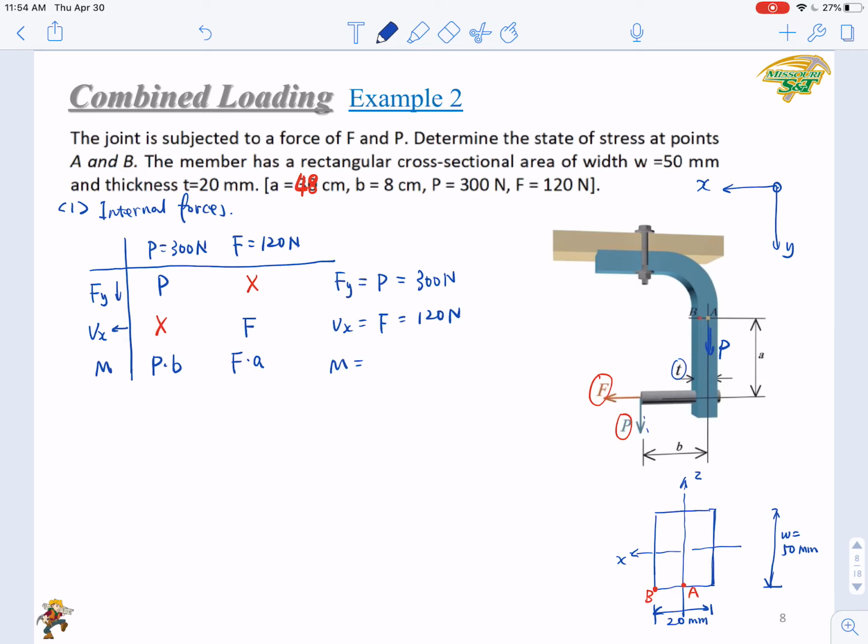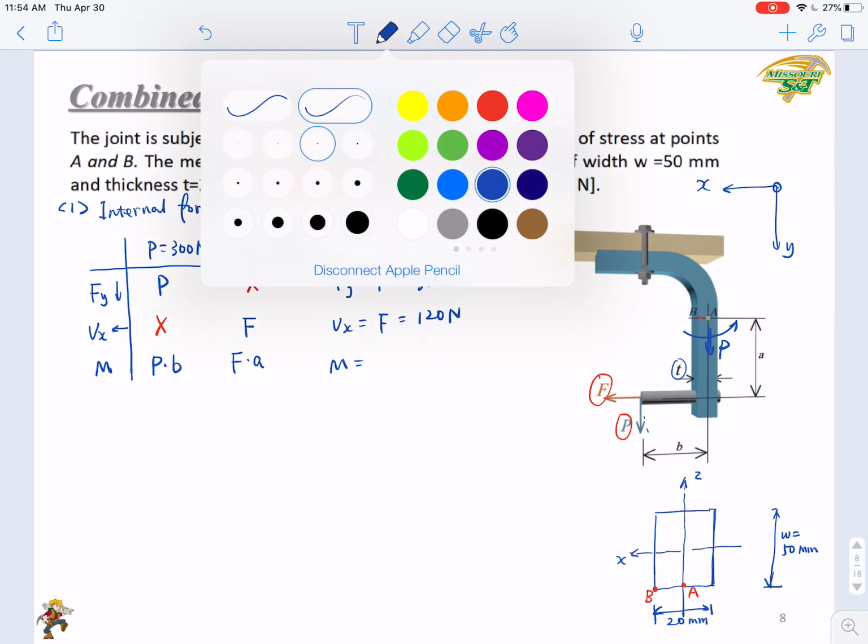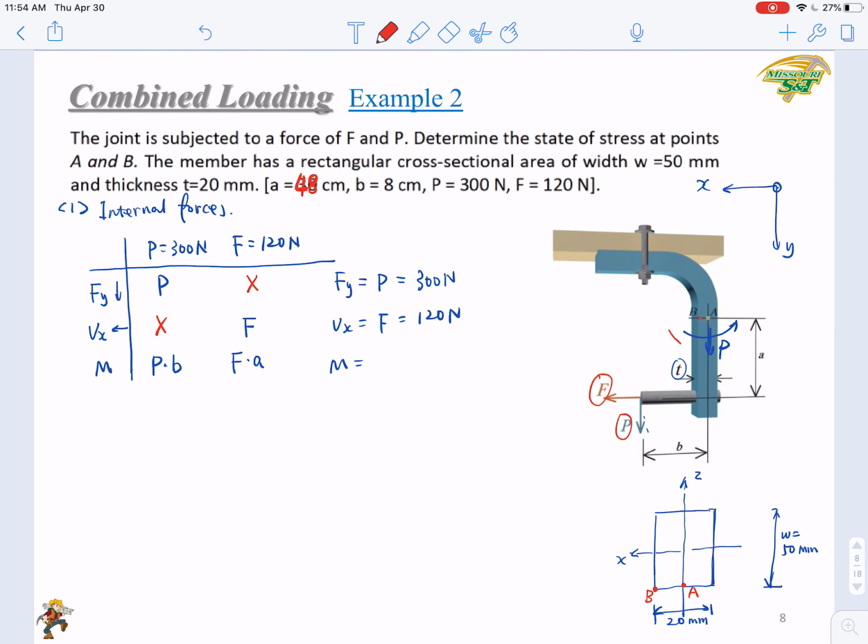We need to confirm, do these two bending moments have the same sign? Look at the PB first. The P is here, B is here, so the direction of the PB will be in this way, right? And the FA, F is pointing left, A is here, so the resultant bending moment will be in an opposite direction. So they will have opposite signs, right?